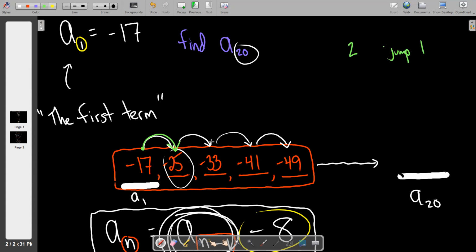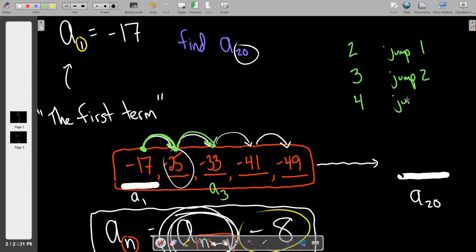How many little froggy jumps will I have to make to get to the third platform? 2, because now the froggy resets and I go hoppity hop, hoppity hop. And look, I'm now on the third platform. I'm on a sub 3. So to get to platform number 3, I have to jump twice. How many jumps does it take to get to the fourth? 3.